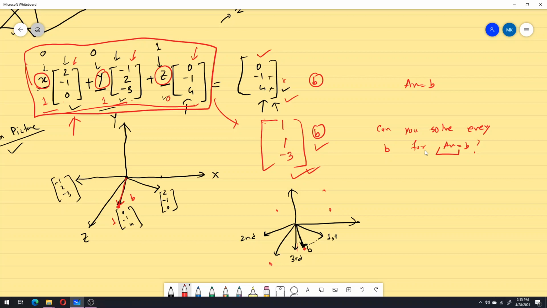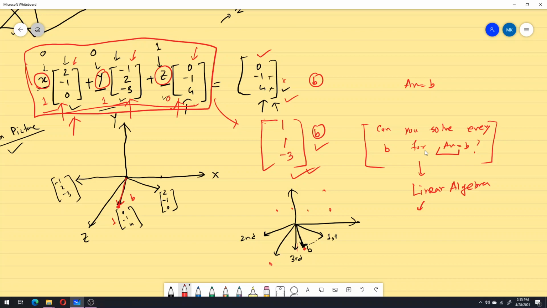So in linear algebra, the question I have asked should be rephrased from the perspective of linear algebra: do the linear combinations of these columns fill or reach all the points of 3D space? Or similarly, do the linear combinations of these columns fill the whole 3D space? This is the question.